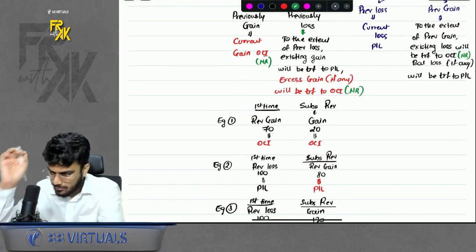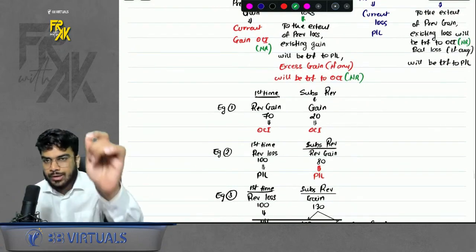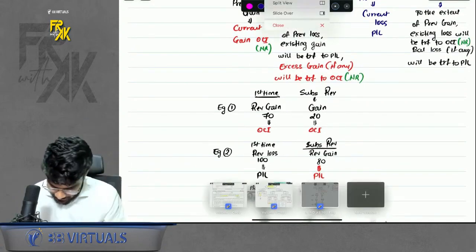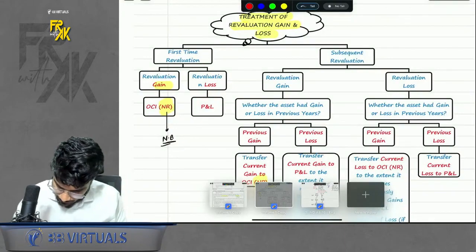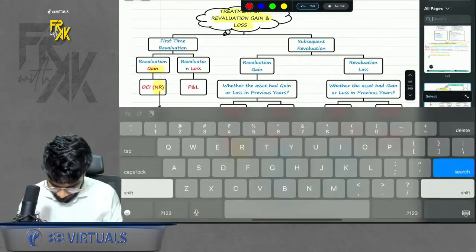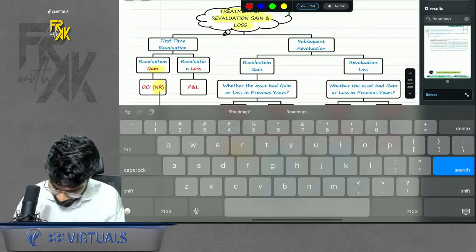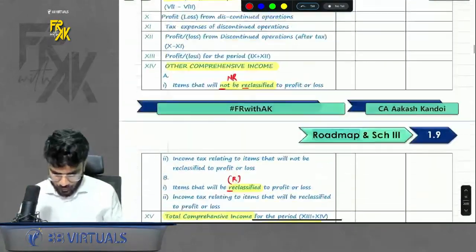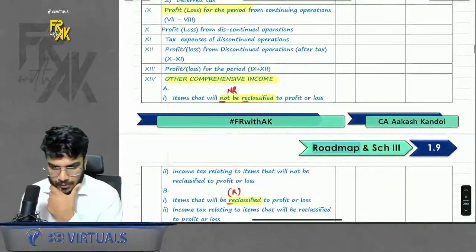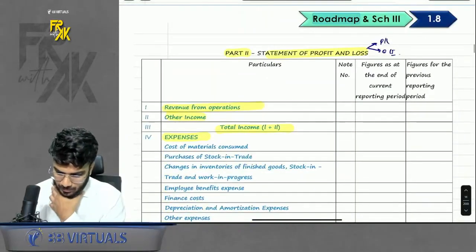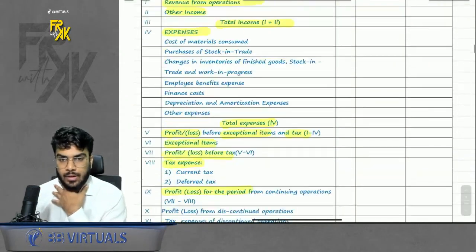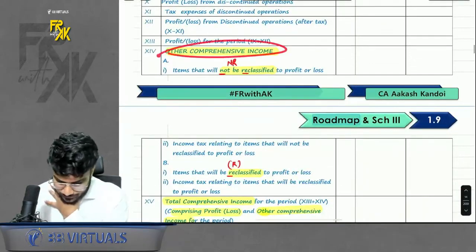Is this clear? Perfect. Also, to give you a deep understanding, let's come towards Schedule 3 again. Now see, this is a statement of profit and loss. Do you remember we discussing this? Under profit and loss, you have OCI.